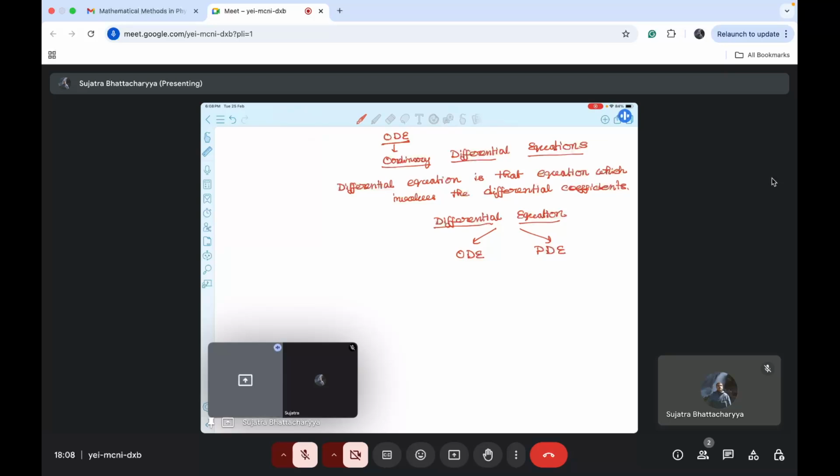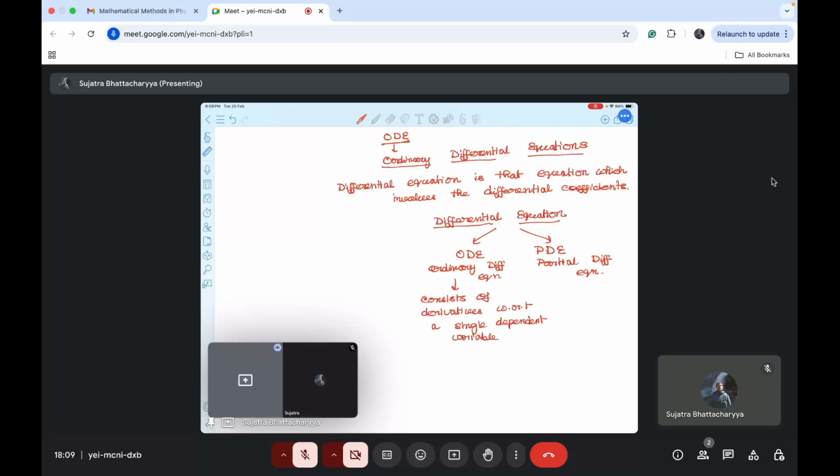What is ODE? I have already written: it is an ordinary differential equation. This is a partial differential equation. So what is the difference? An ODE consists of derivatives with respect to a single independent variable.